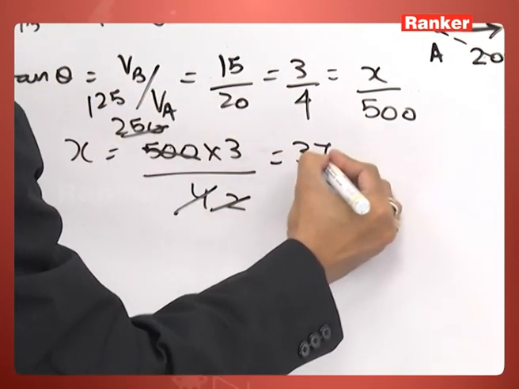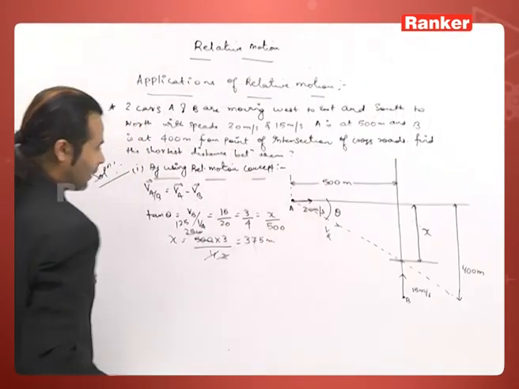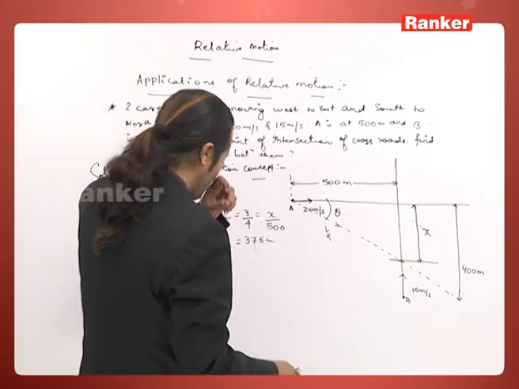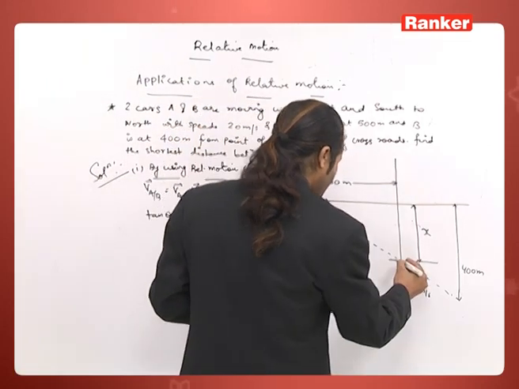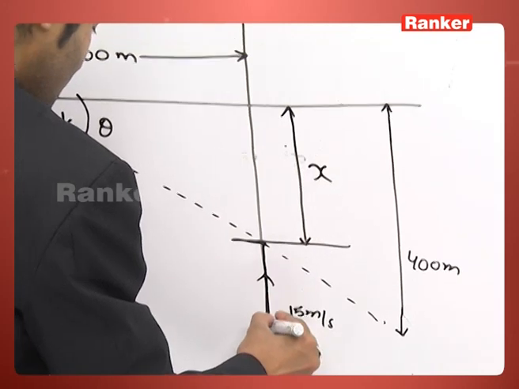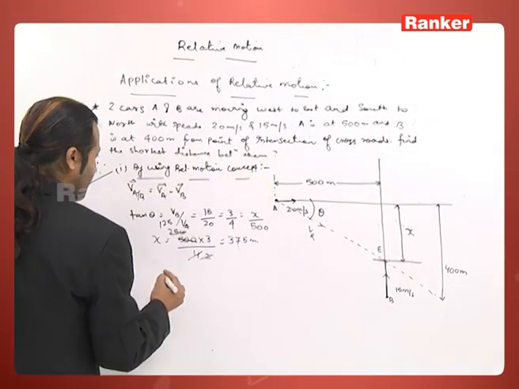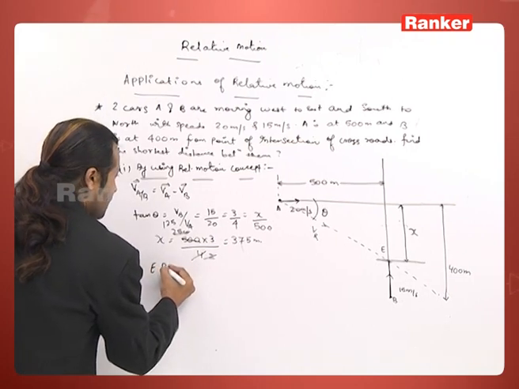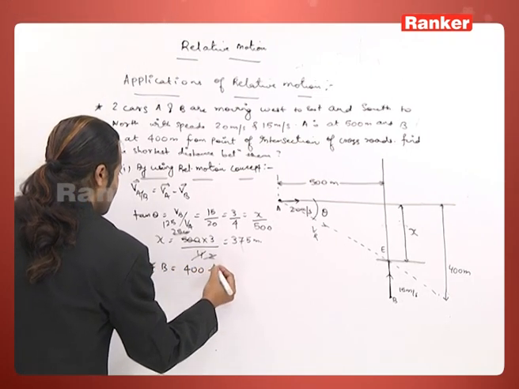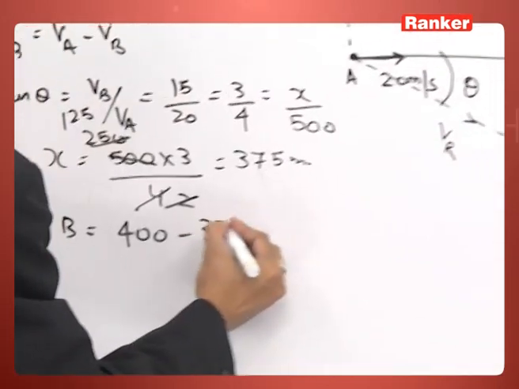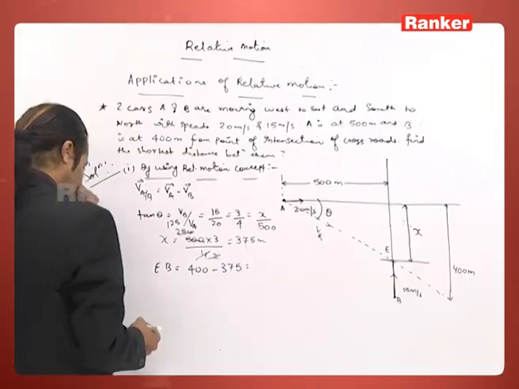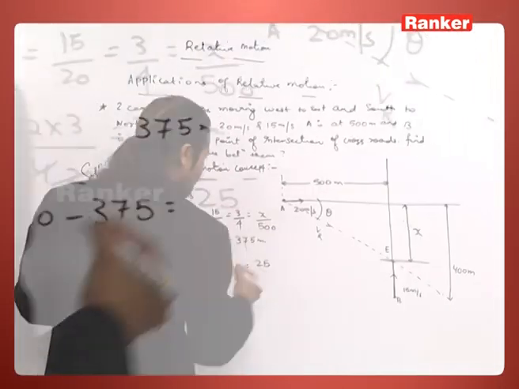So this becomes 375. So x is 375. Let this point be E. So EB will be 400 minus 375, so this becomes 25.